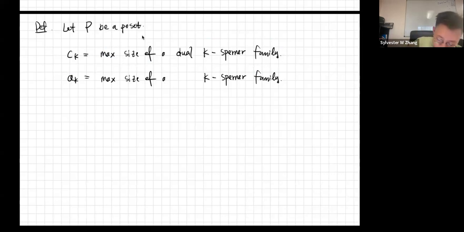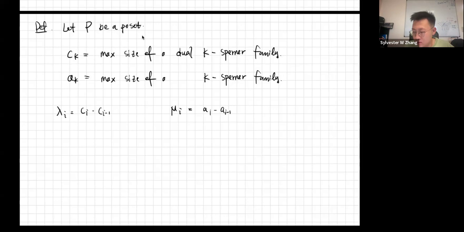Further, we define lambda_i to be C_i minus C_{i-1}. So you take differences of the C_i's, and meanwhile we define mu_i to be A_i minus A_{i-1}.